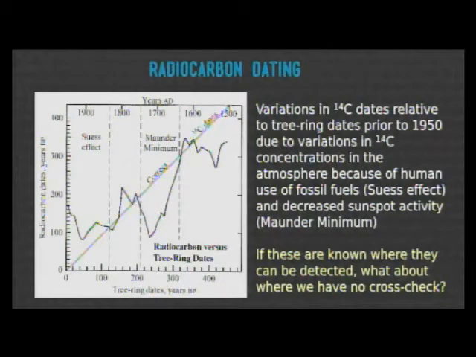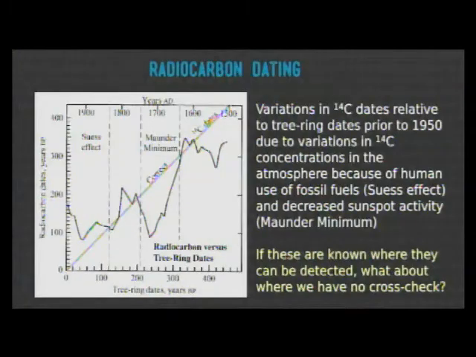And then earlier on, there was the so-called Maunder minimum. That was when there was such a low amount of solar flares and sunspots that the cosmic ray influx was much lower. And so that also perturbed radiocarbon ages.